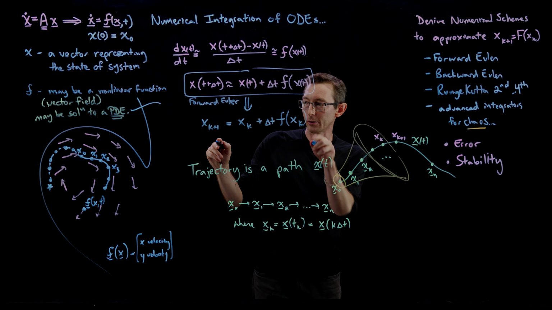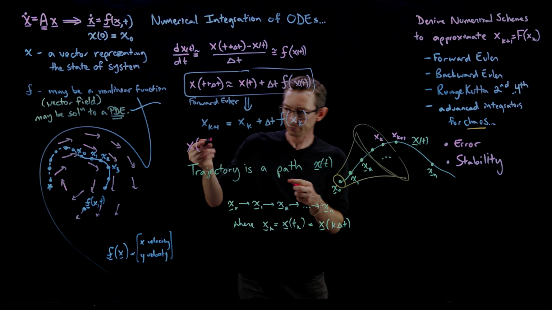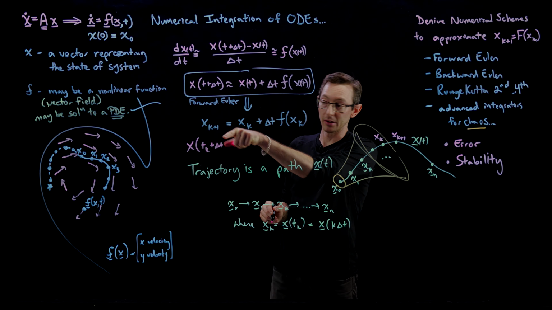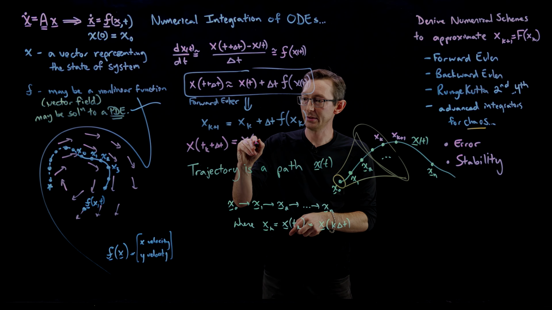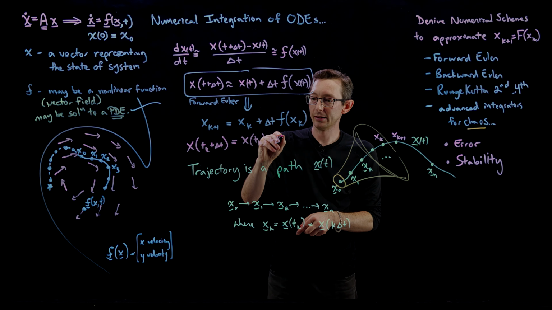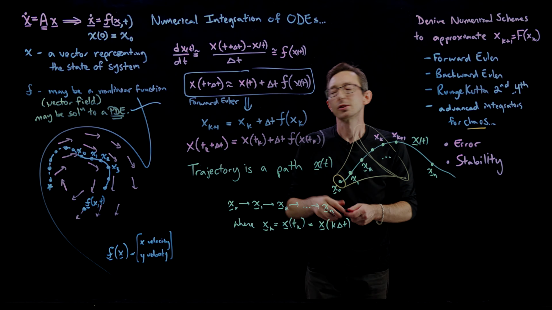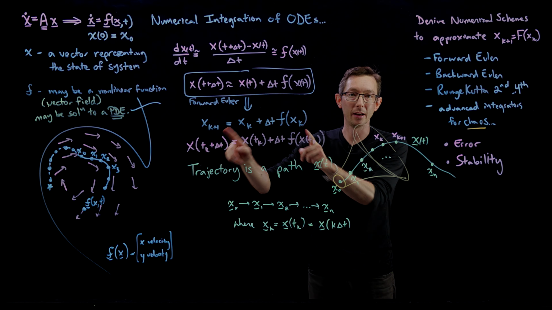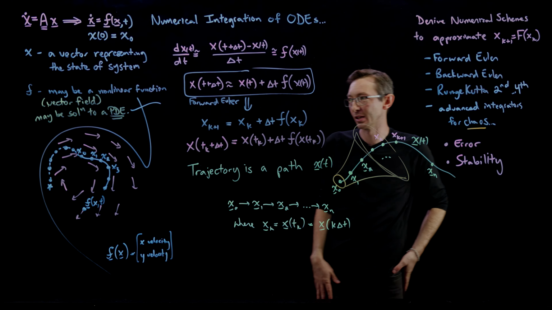So if I want to write this out long form, x at time t_k plus delta t, that's time k plus 1, equals x at time t_k plus delta t times f of x at time t_k. Okay, so that's how you can go back and forth between these subscript k's and some absolute actual clock time t_k, the kth time that I'm keeping track of.